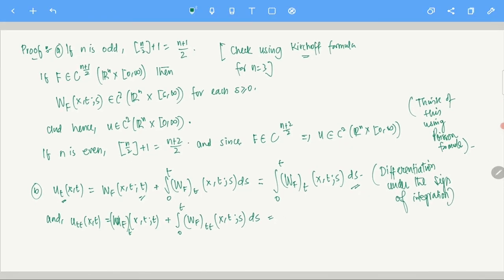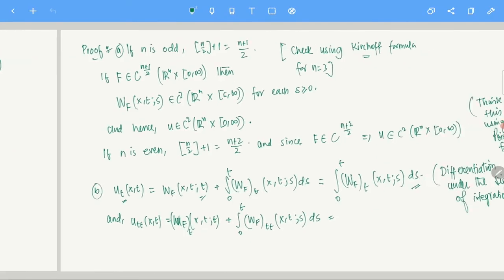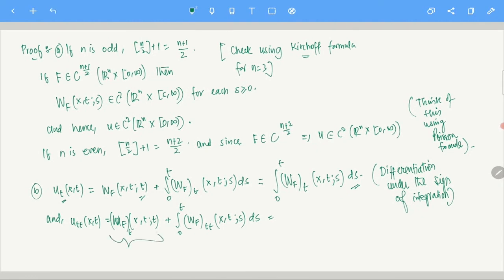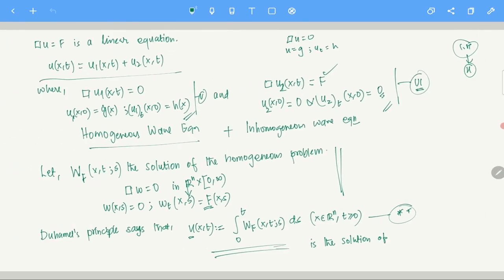And now you see u_tt of (x,t). If you remember, w_f with respect to t at (x,t;s) for s = t, w_f is 0 for s = t, since w_f is a solution, right?